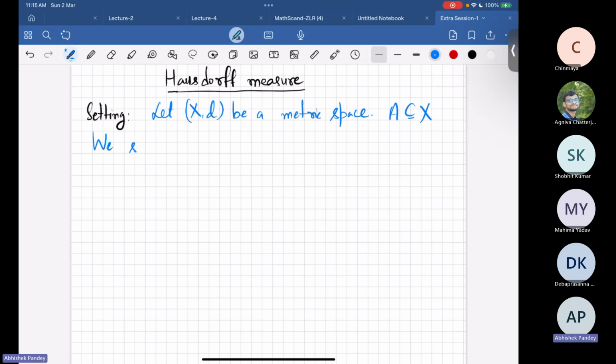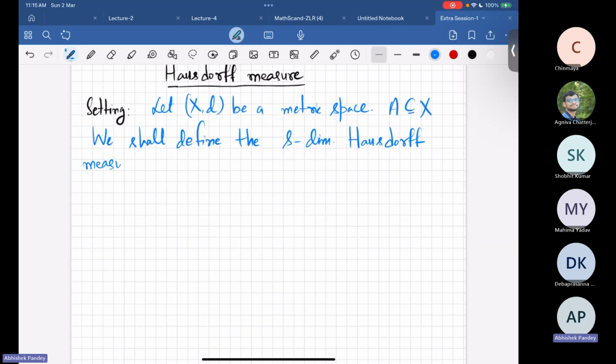We shall define the s-dimensional Hausdorff measure of the set A, where s is basically in 0 to infinity.